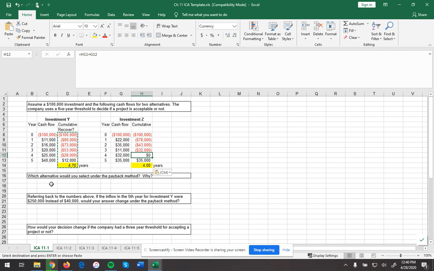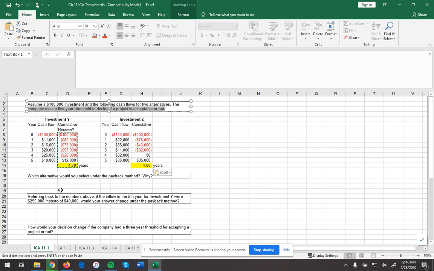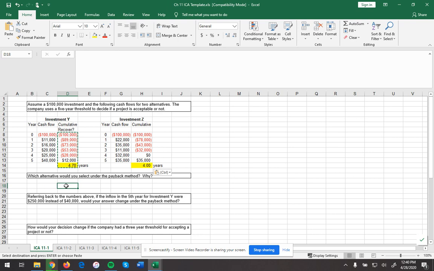So the question is, which alternative would you select under the payback method and why? We go back up and see that the company uses a 5-year threshold, which means the company requires that these projects recover the initial cost within 5 years. Both of these recover in less than 5 years, so both are okay.